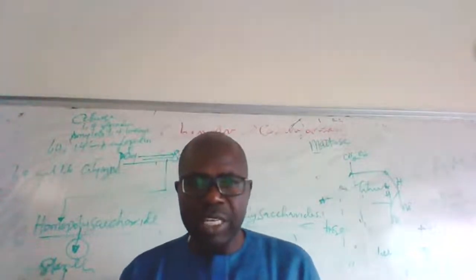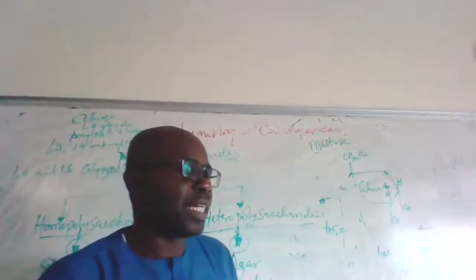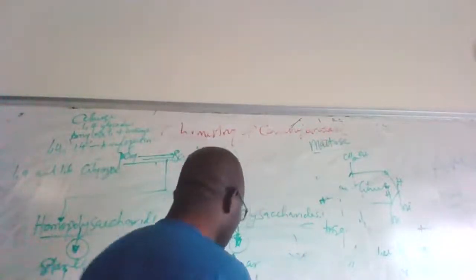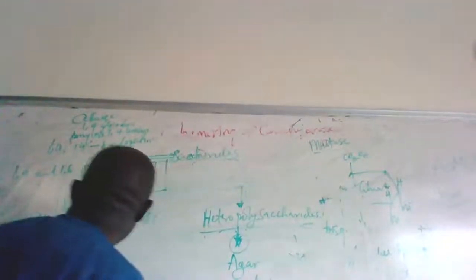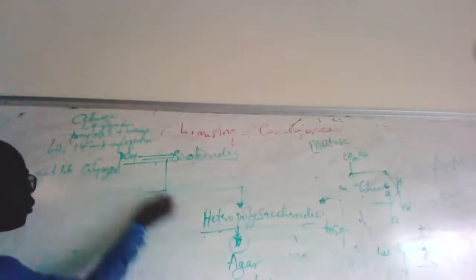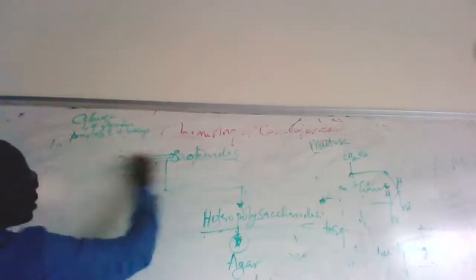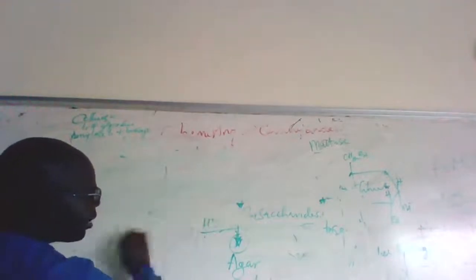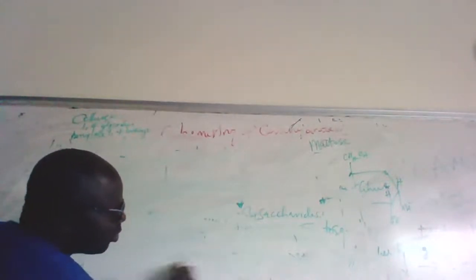So we want to go into these polysaccharides. The first one we're going to talk about is the common starch that we are very familiar with, the starch we take in our diet.